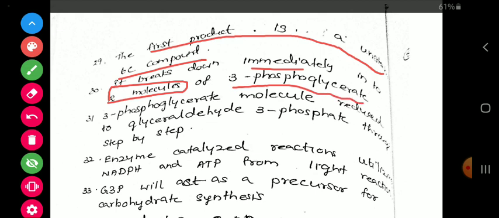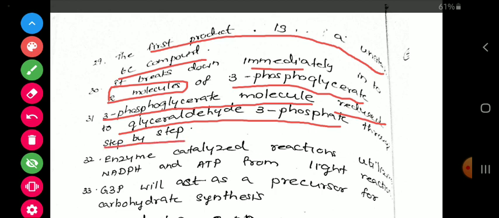Now the 3-phosphoglycerate molecule is then reduced to glyceraldehyde 3-phosphate, step by step.